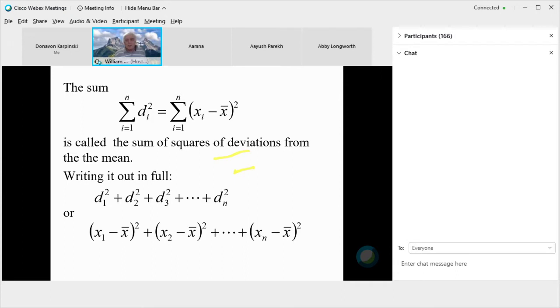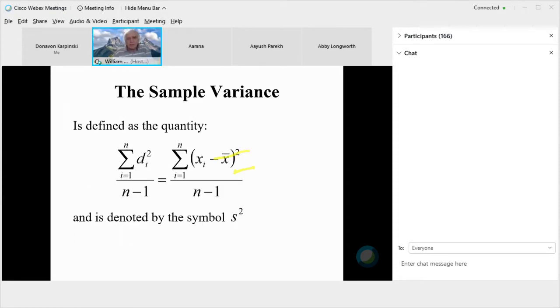The sum of squared deviations will measure how spread out the x values are. If they're quite spread out, the di's will be large. If they're more compact, the di's will be small. The sample variance is the sum of deviations from the mean squared divided by n minus 1.